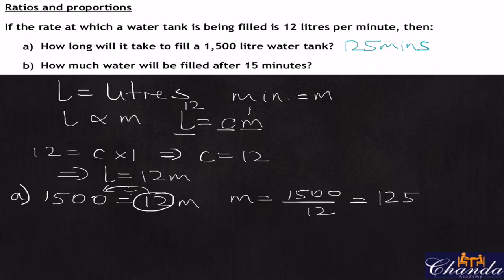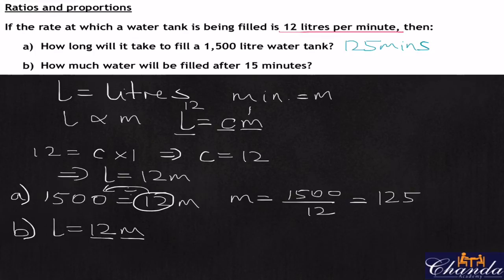Part B says, how much water will be filled after 15 minutes? Again we have L equals 12M. What this is basically telling us, guys, is that for every 1 minute, 12 liters of water is being filled, which is given by this statement here. So 12 times the number of minutes equals the number of liters.